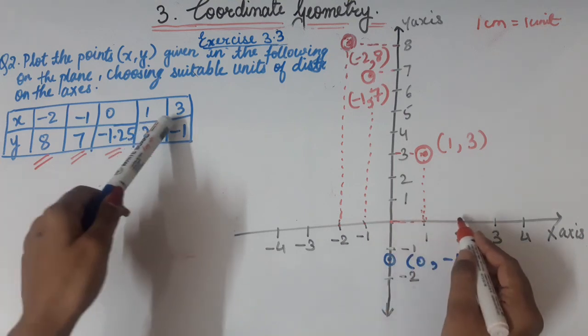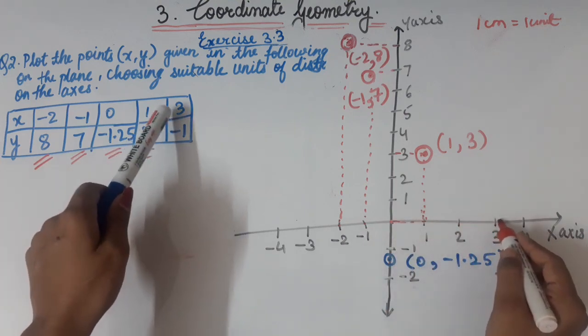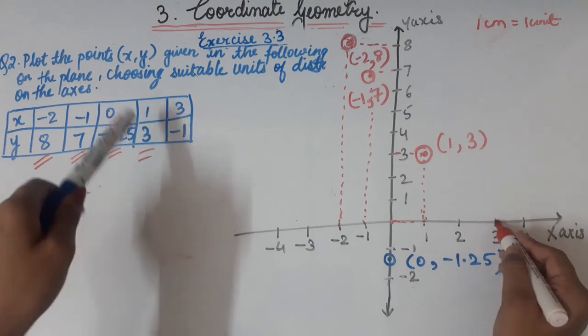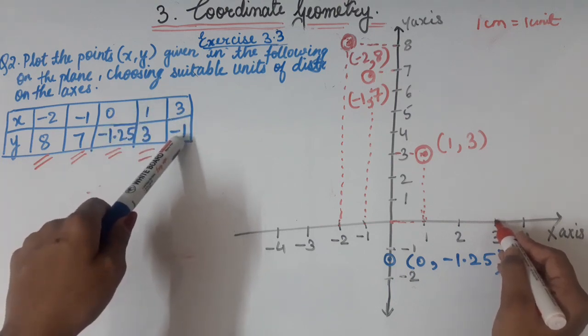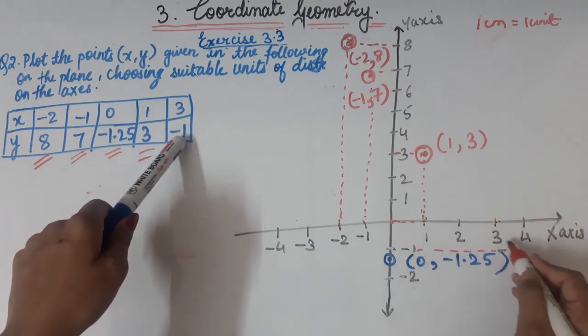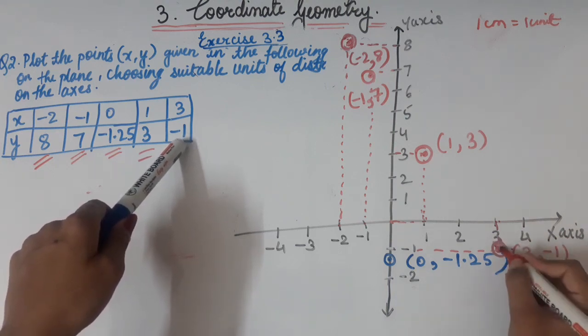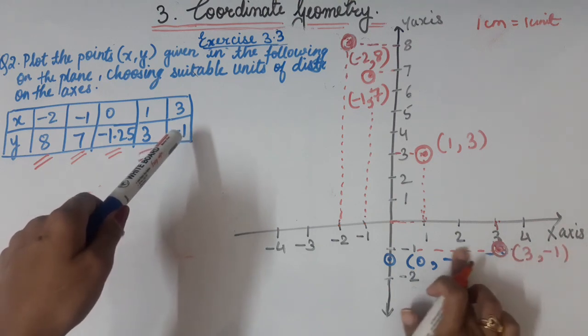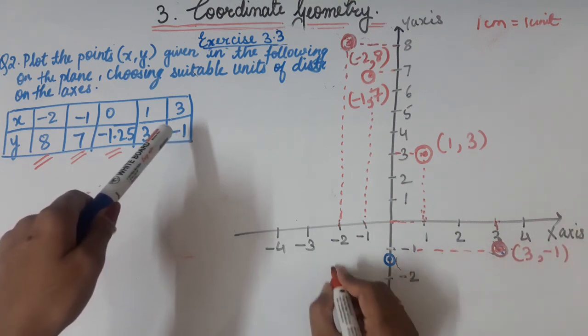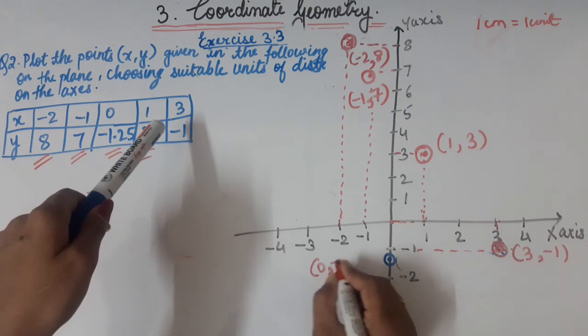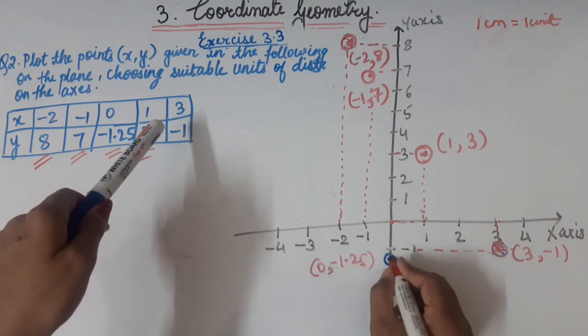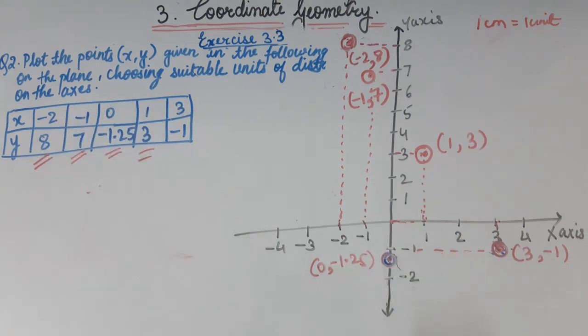Again you will go to the right side by 3 units, on the x axis 3, and minus 1 on the y axis is here, so you will reach somewhere here, and this will be your point (3, -1). This will be your (0, -1.25), this one, right?